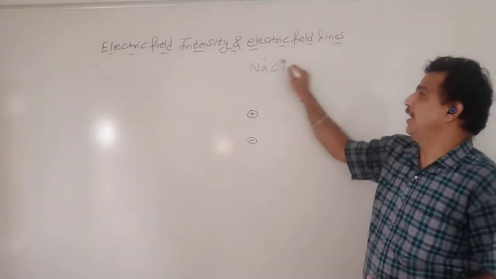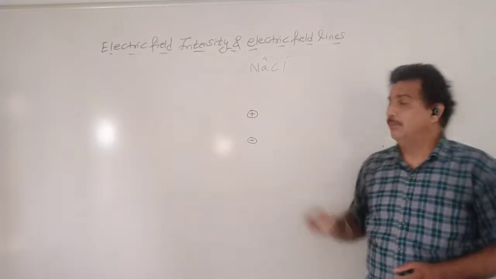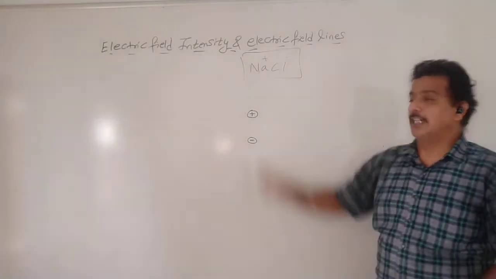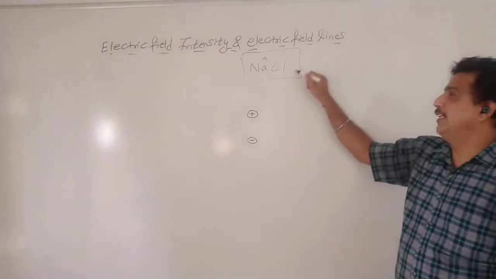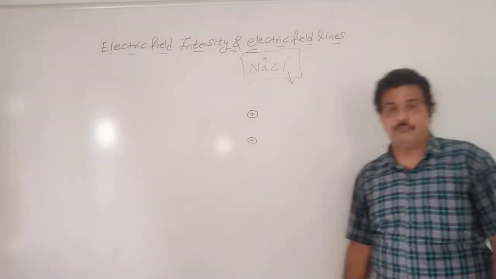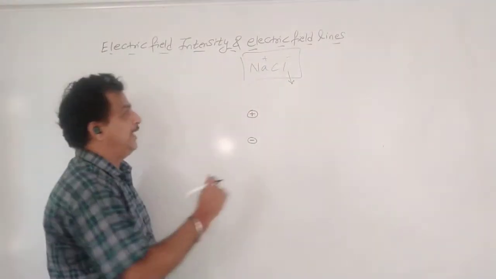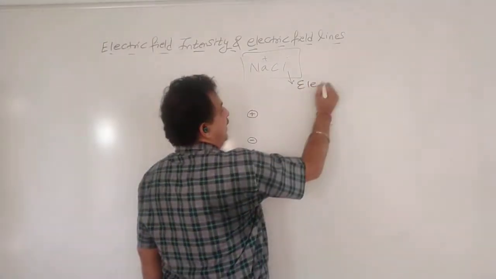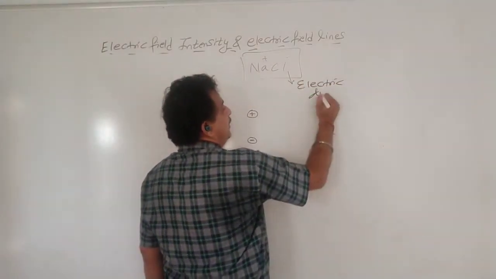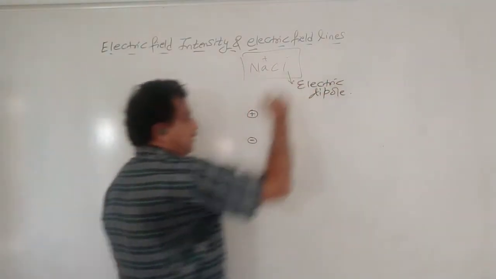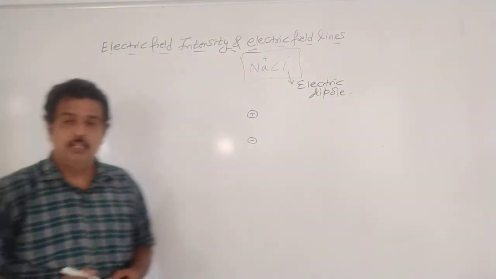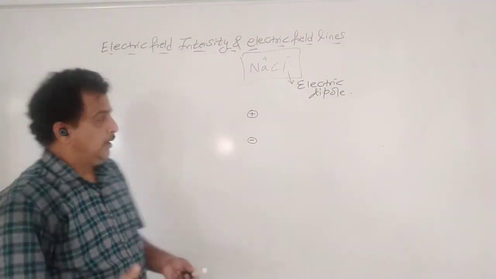So Na is plus and Cl is minus, so it is a system. In the coming days, we will be calling this system of two equal and opposite charges separated by a finite distance an electric dipole. So that is our next topic, which we will be doing in detail.